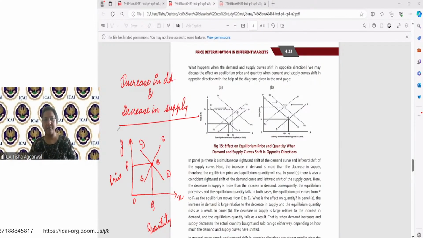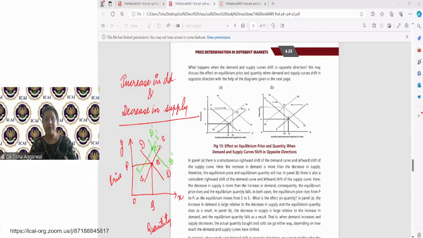Now let's say there is an increase in demand, D dash, D dash, and decrease in supply, S dash, S dash. The new equilibrium point will be the point wherein the D and S are intersecting. So the new equilibrium point is going to be E dash.